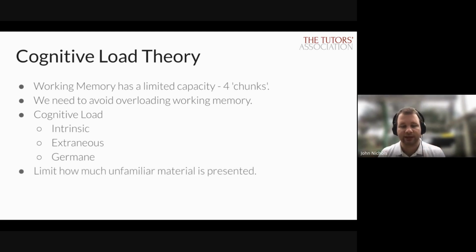So the key takeaway principle here is to limit how much unfamiliar material is presented at the same time, but we don't need to worry too much about how much familiar material we're asking them to call upon, because familiar material can be treated as one chunk, one concept, okay?